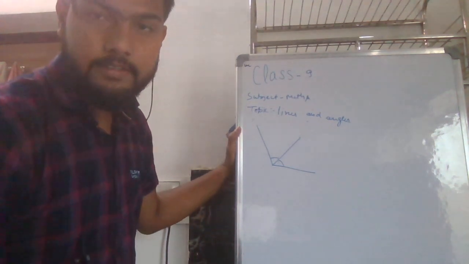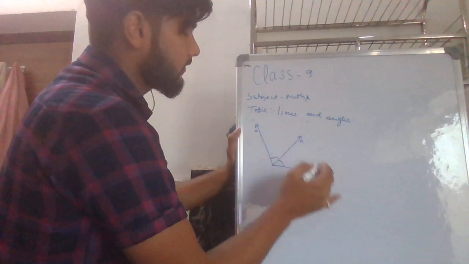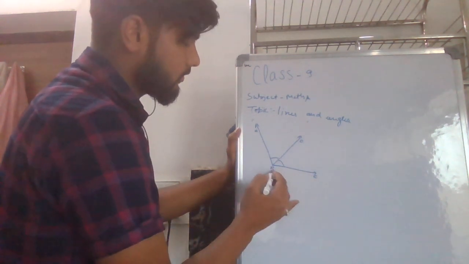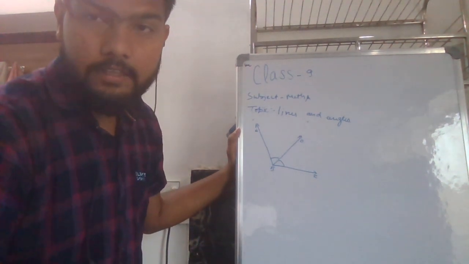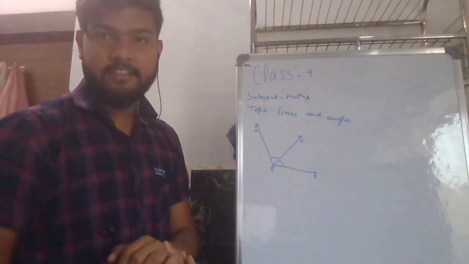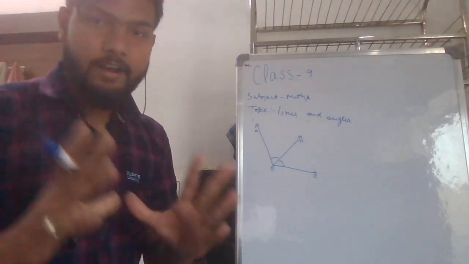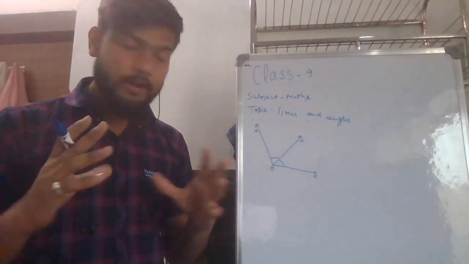Okay, so here we can see that the angle is formed, like we can name this angle. Very good, they are adjacent angles. Now we can see that two angles are adjacent if they have a common vertex.